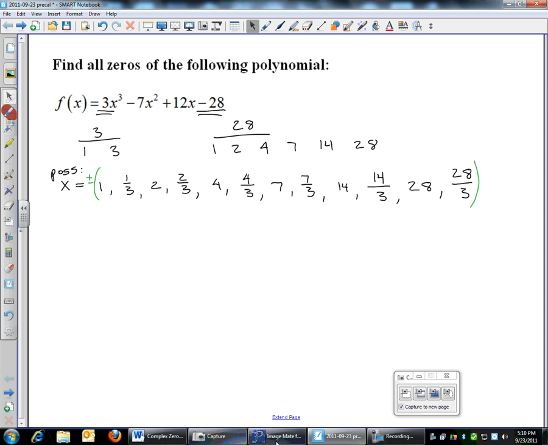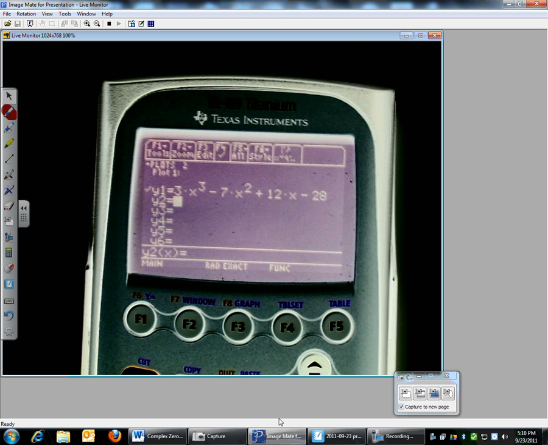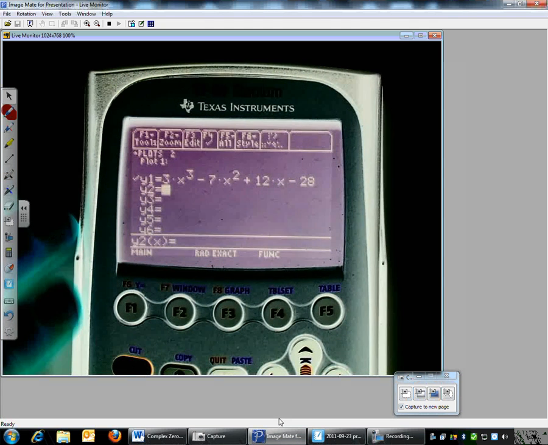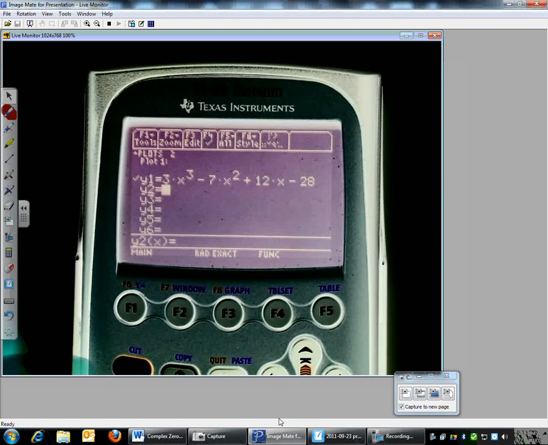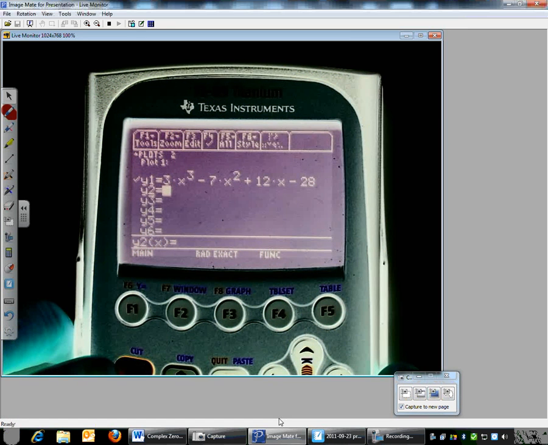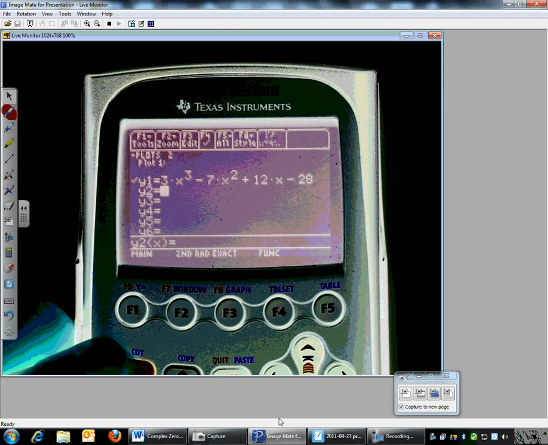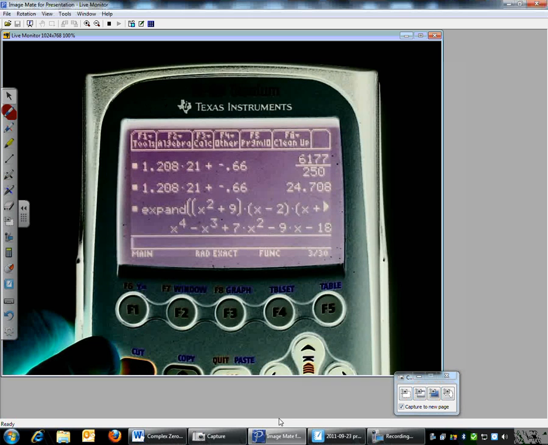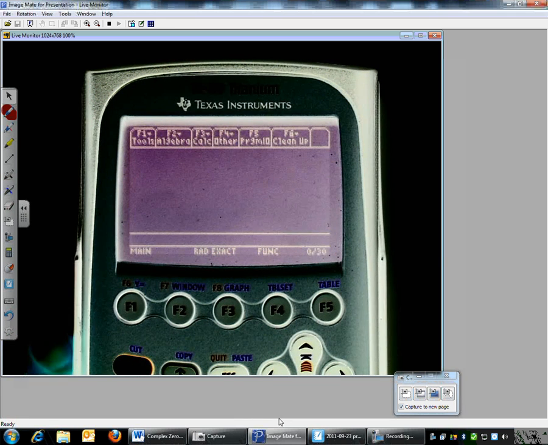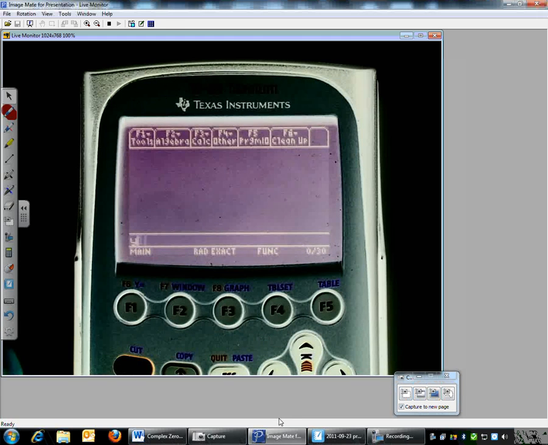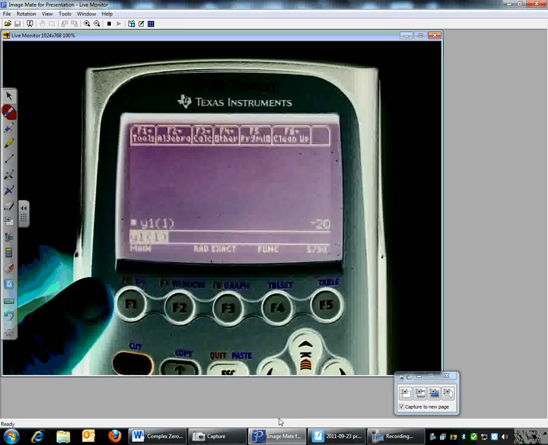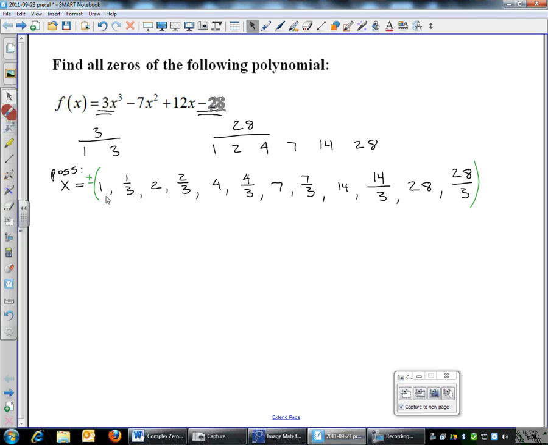Okay, so here I am on my calculator. I got my function in, and I'm going to plug in each possibility. I get negative 20.